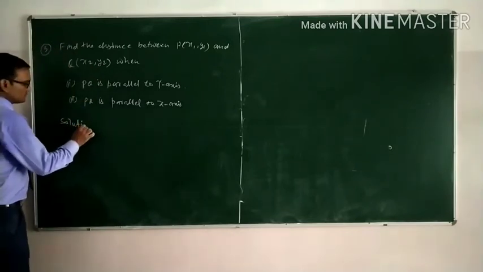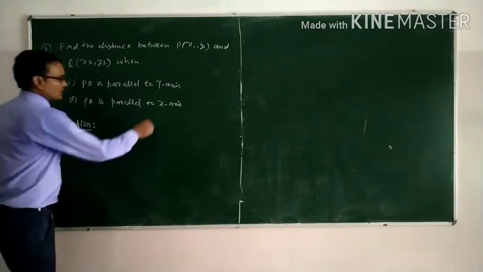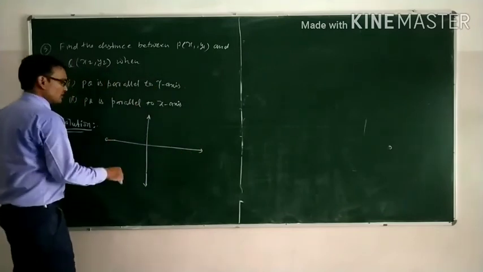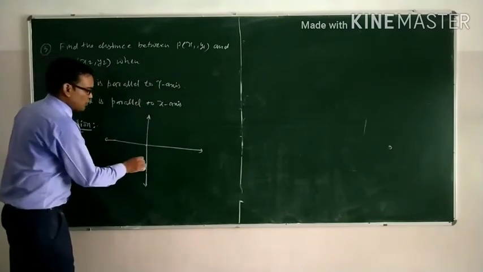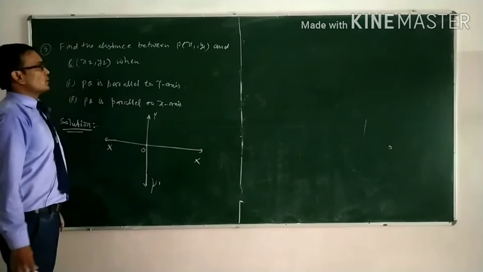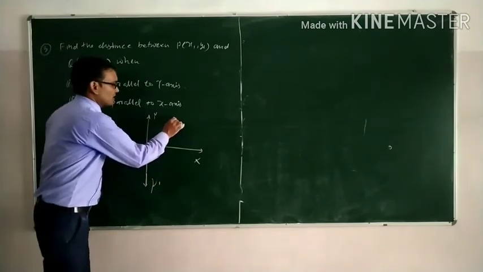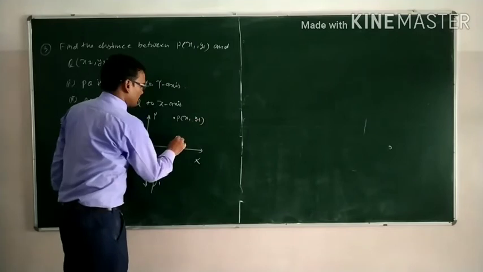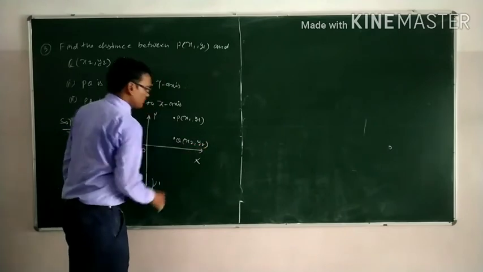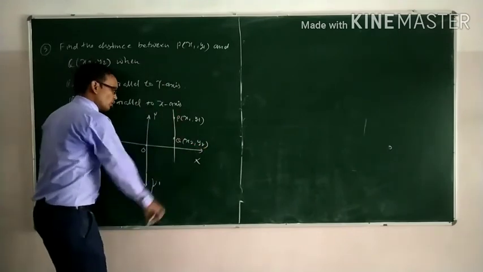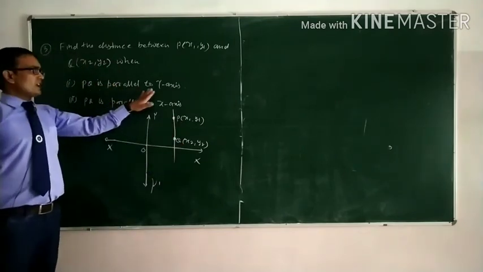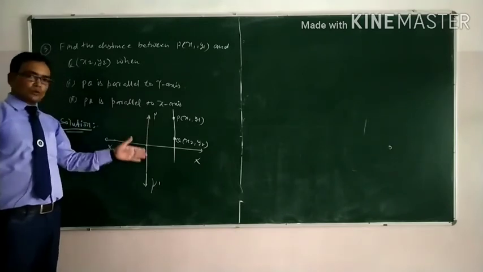Solution. In a Cartesian plane, let us plot two points P and Q. The coordinate of P is x1 comma y1 and coordinate of Q is x2 comma y2 when PQ is parallel to y axis.